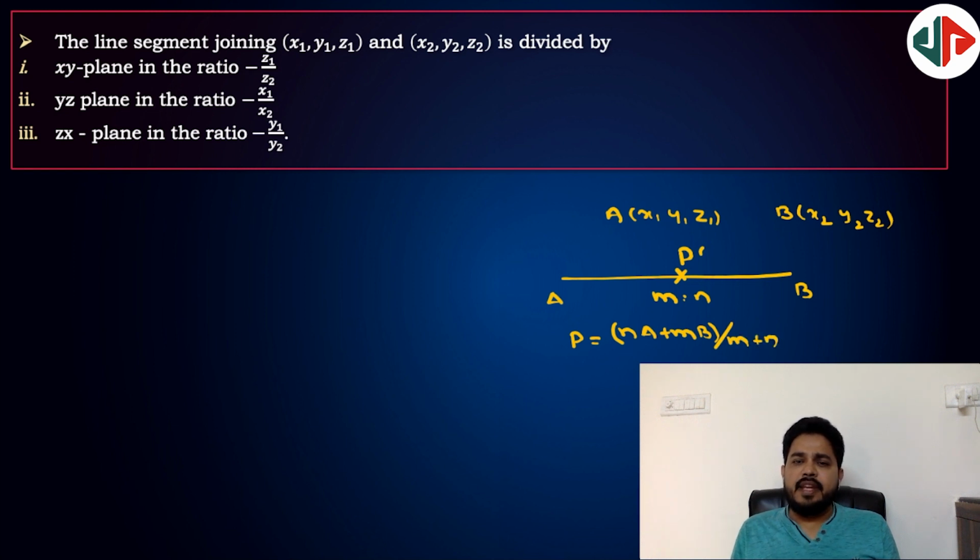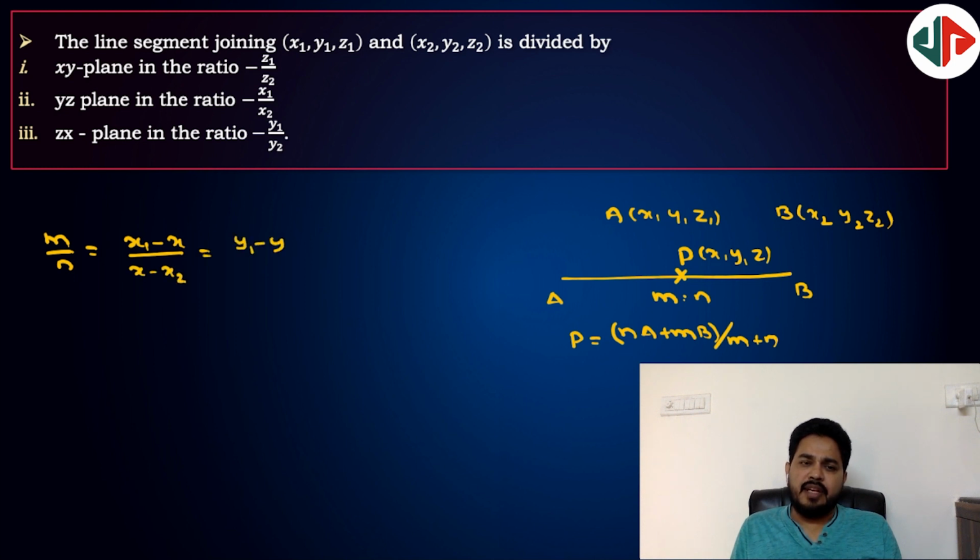So for example, P is x comma y comma z; in which ratio is it going to divide? m by n is equal to x1 minus x by x minus x2, which is equal to y1 minus y by y minus y2, which is equal to z1 minus z by z minus z2.